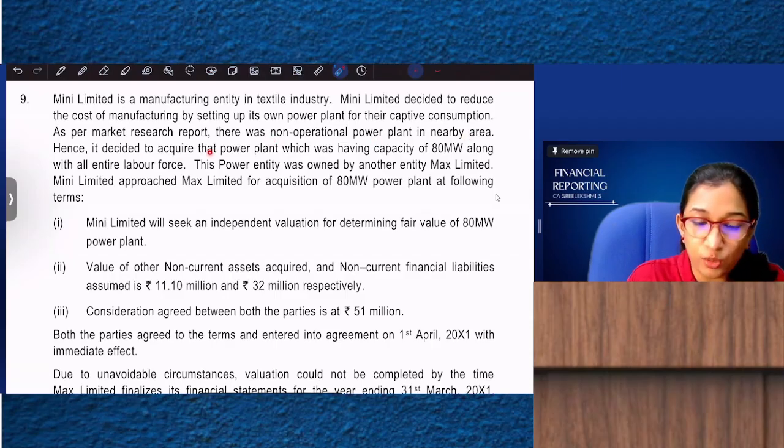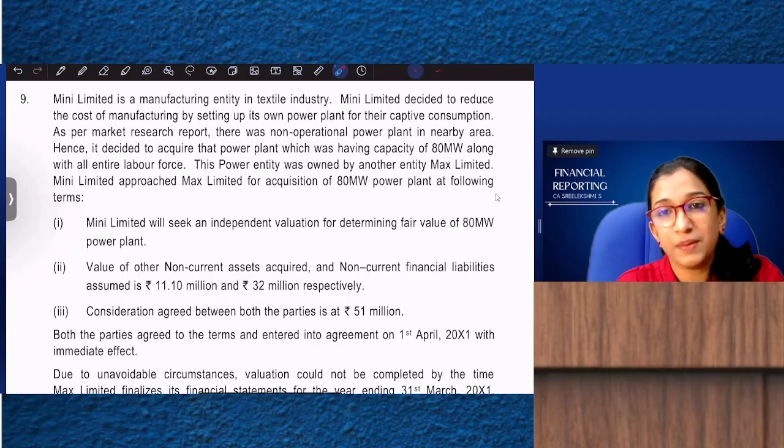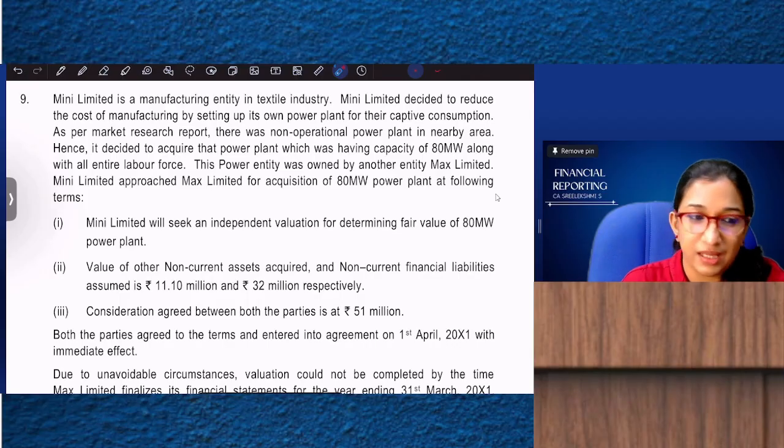Hence, it is decided to acquire the power plant, which had a capacity of 80 megawatt along with the entire labor force. This power entity was owned by another entity called Max Limited. Mini Limited approached Max Limited for acquisition of its power plant. So Mini Limited acquired Max Limited.